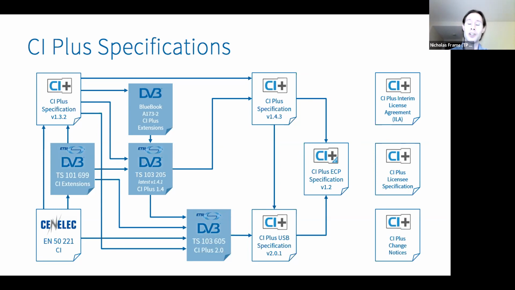The licensee specification contains important secrets for the implementation of CI Plus in production devices. And the change notices, of course, are important as they will convey information on changes affecting product life cycles, such as the sunrise of new specifications and so on, as related to the testing and certification regime. So today we'll be looking at these two in more detail.